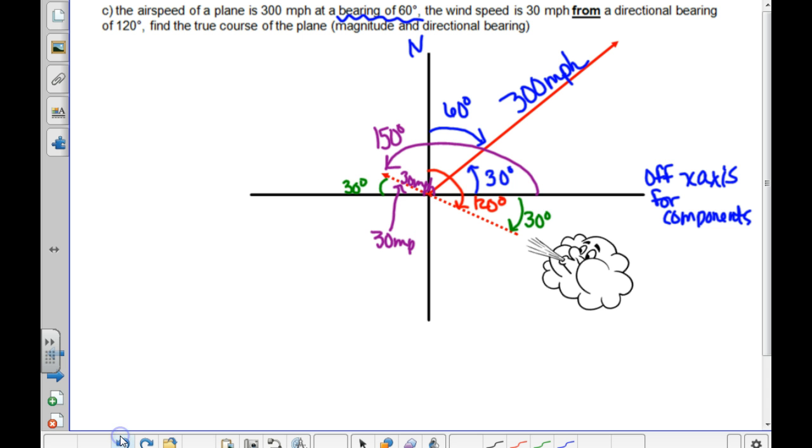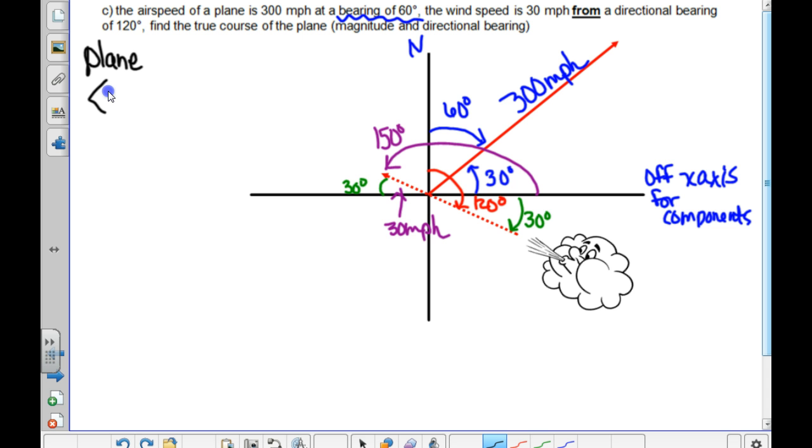I'm going to erase a couple things I wrote there just because it's really confusing. We're going to do what we did a minute ago: write down the components. If you want to write them by your vectors, that's fine. But the plane's components are what?